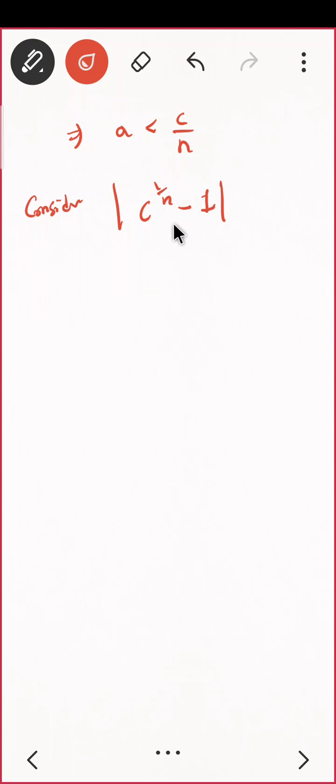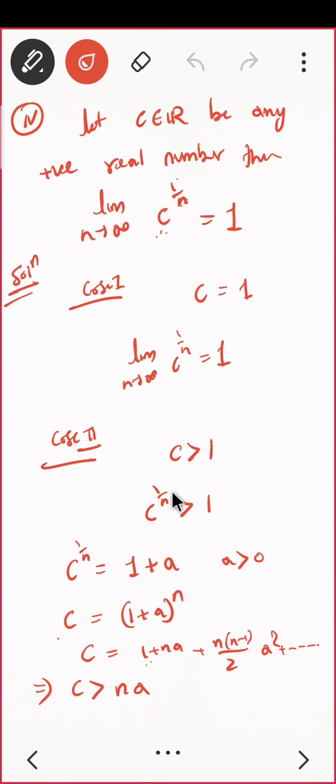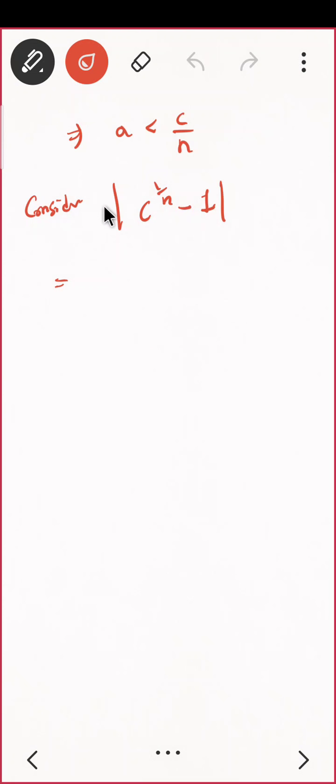Consideration is what we do for what we want to prove. You want to prove C raised to 1 by n goes to 1, so I'll consider C raised to 1 by n minus 1. And how can I relate with this? C raised to 1 by n minus 1, it will be a. Do you observe? Taking 1 to the other side, it will be just a. That means it is giving me just a. Mod a actually.